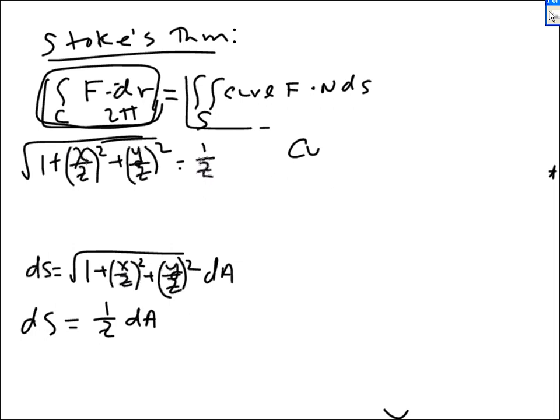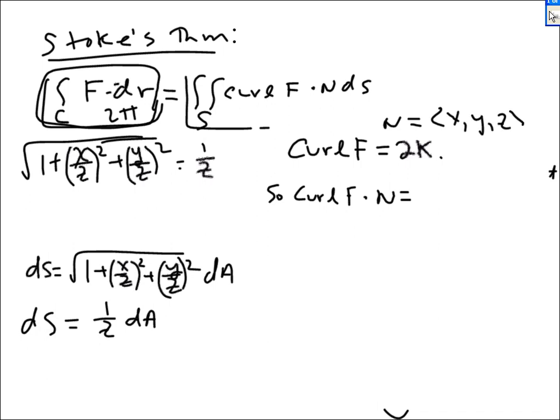Now, if you computed the curl of f, you get 2k. So now, the curl of f dotted with n. Remember, it turned out that n happened to equal x, y, z.